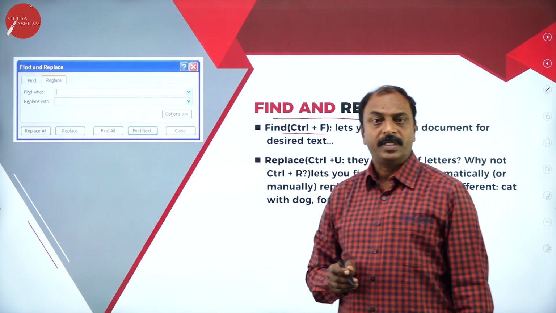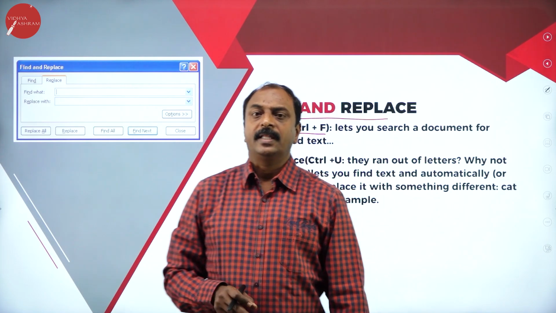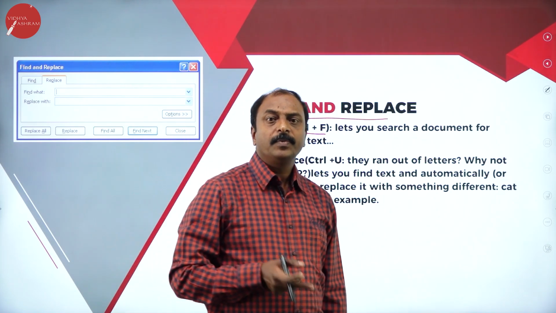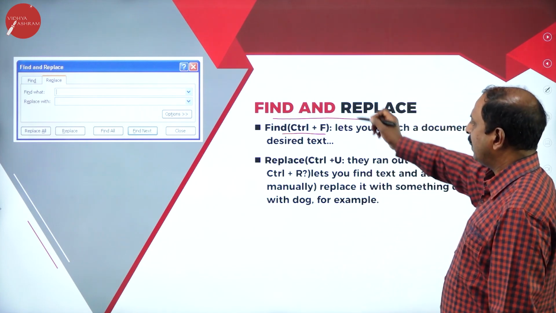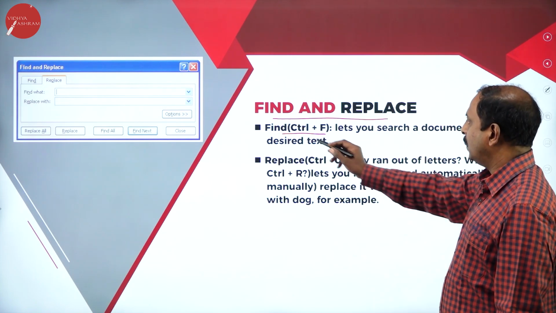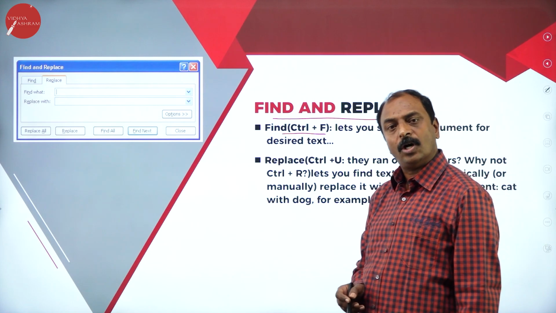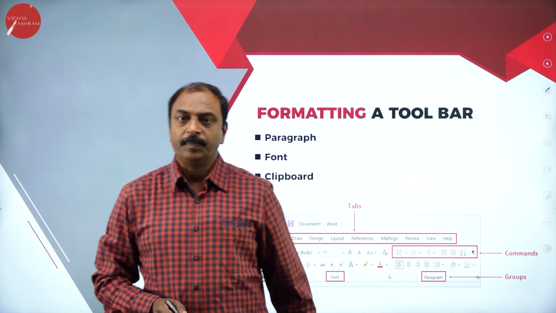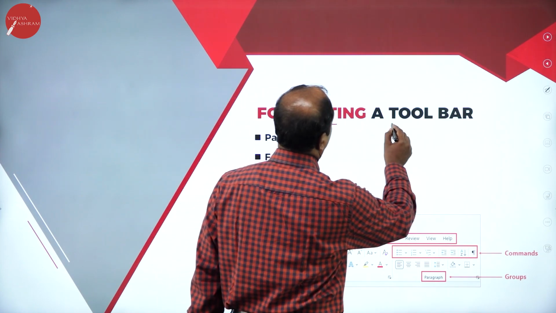With the help of this, a particular word or keyword can be found, and the same keyword can be replaced with some other word or keyword. That can be done with the help of the find and replace option. So Control F is find and Control U is the replace option. Find and replace.